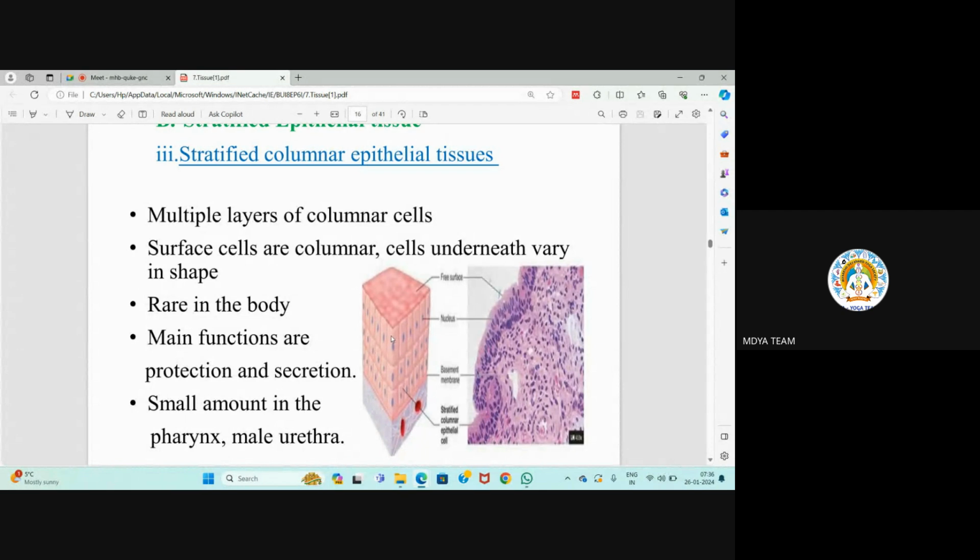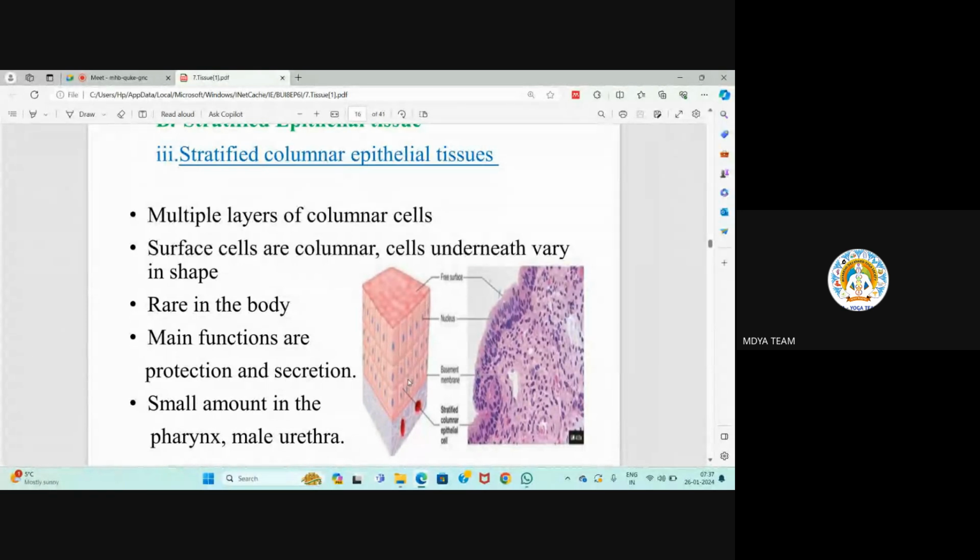Okay, you can see here the real picture of columnar epithelial tissue. Surface cells columnar means the uppermost layer is columnar, and beneath that layer the cells may vary in shape.